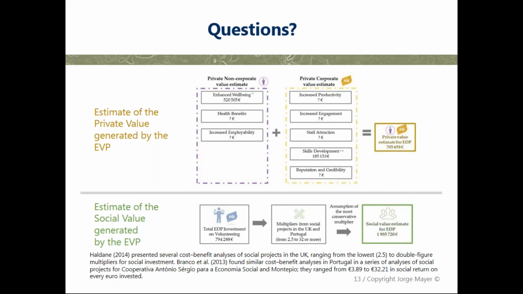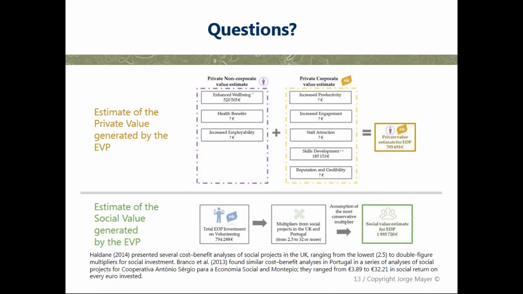Well, because it's so difficult, we could only do this in a very rough and broad way, as you said. So we found several social projects that have cost-benefit analysis. That analysis tells us that for each euro invested in that social project, X euros came out the other end in terms of social benefits.